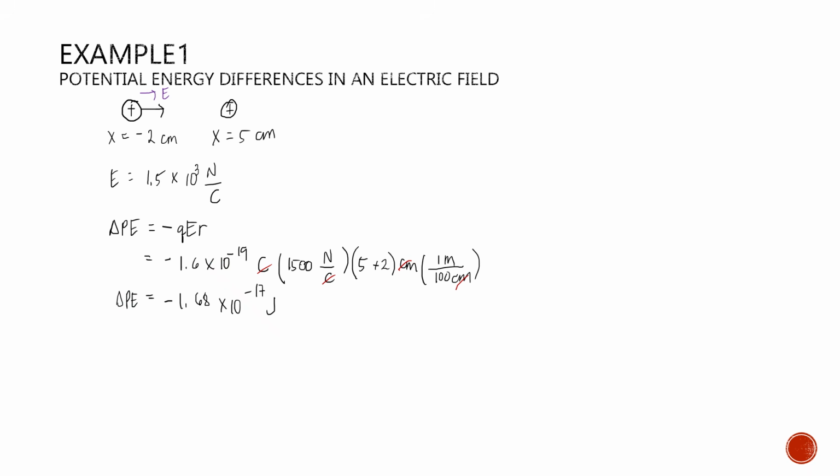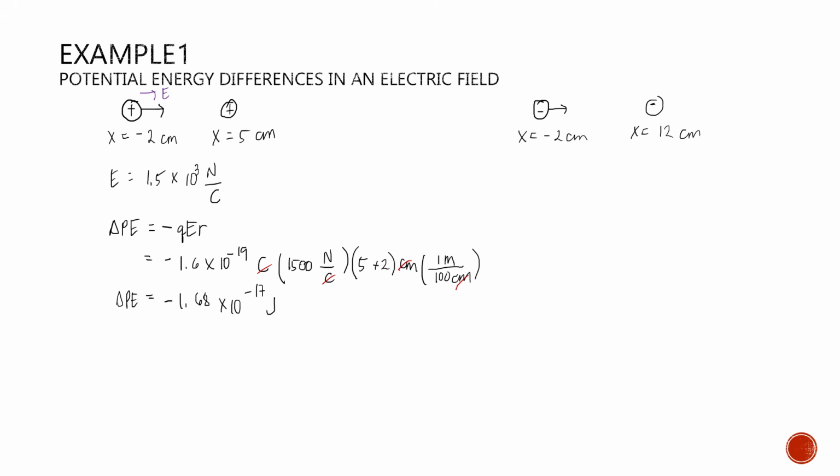So for letter B, an electron, which is negatively charged, moving from the same initial position, but the final position is positive 12 centimeters. So the displacement is 14 centimeters.